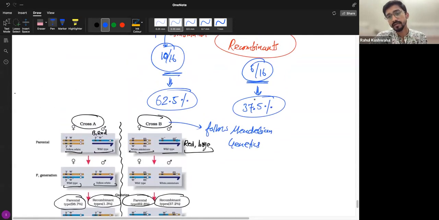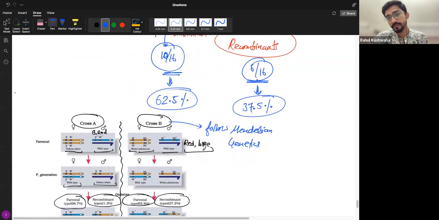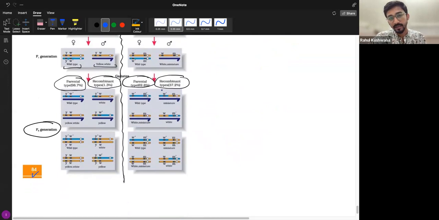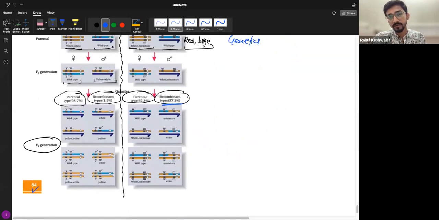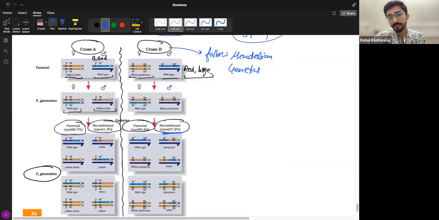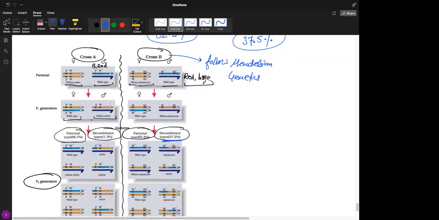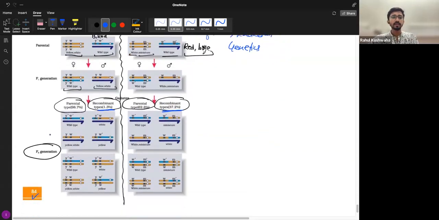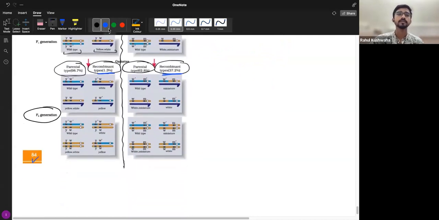Because what you calculated, 37.5 should be the recombinants percentage if everything is happening according to Mendel's rule. And here it's 37.2, right? Almost the same, right? Yes. But here in cross A, recombinants are just 1.3%, which means what is happening here?